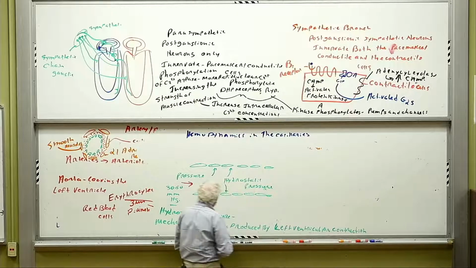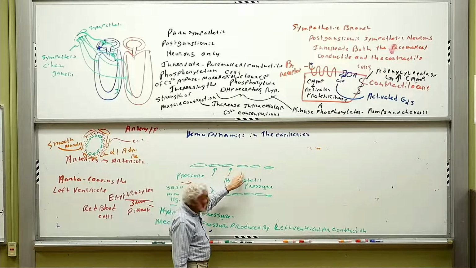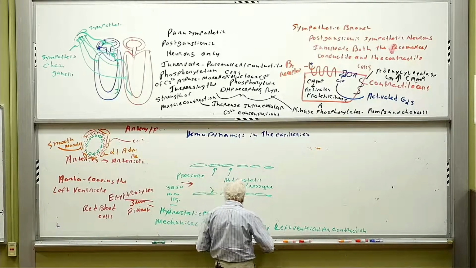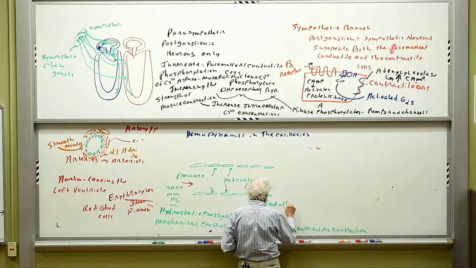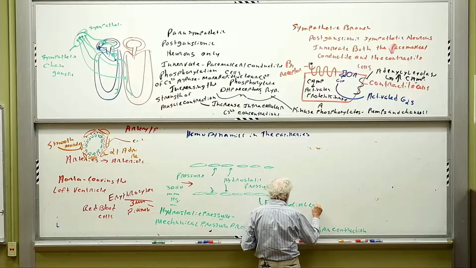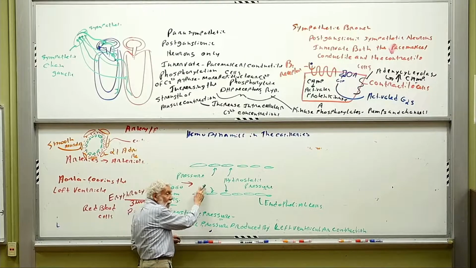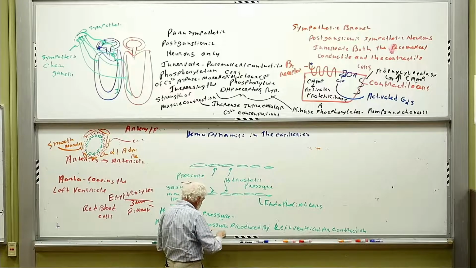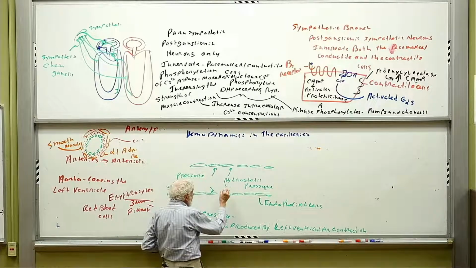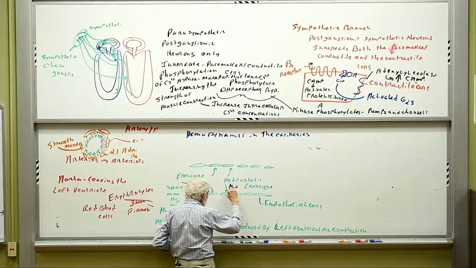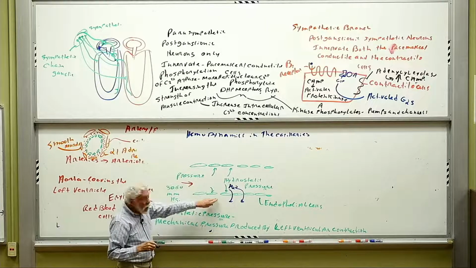Now, there are these small gaps between the adjacent endothelial cells. What this means is that the hydrostatic pressure has the capacity to move small molecules like ions, but especially water, out across and between these endothelial cells.